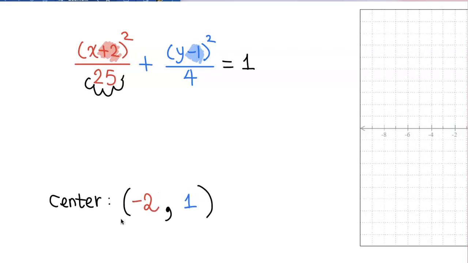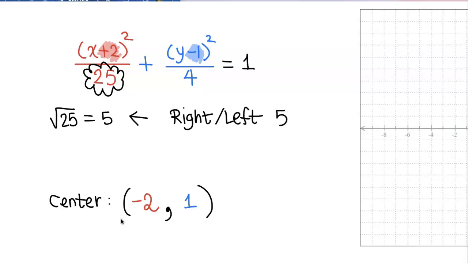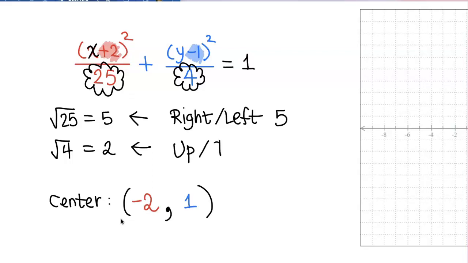Underneath x plus 2 squared, we have 25. The square root of 25 is 5, so we're going to go right and left 5. And I'm going right or left because that number was under x, okay? Now look at the number under y. We have 4. So you're going to take the square root of that 4, and we found out that we must go up and down 2 from the center to plot these co-vertices.